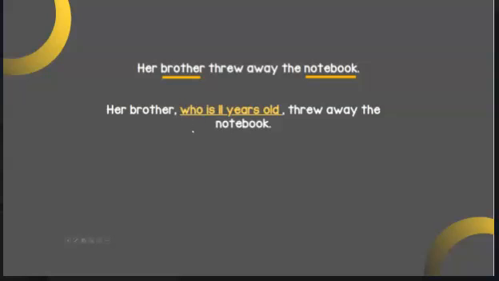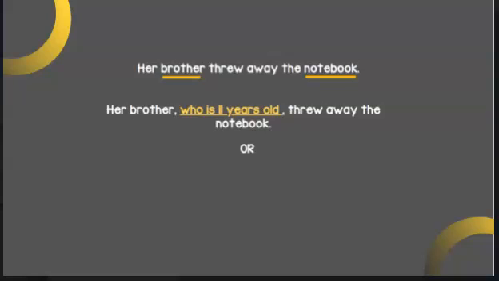Now, you're probably thinking, I didn't want you to give extra information about the brother. What would you do if you were to give extra information about the notebook? No worries, guys, I thought about that. We've got here, her brother threw away the notebook. You might want to say that the notebook was very expensive. It's up to you what extra information you want to go for. Because a notebook is an object, I can't use the relative pronoun who.